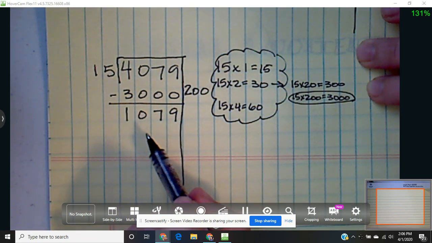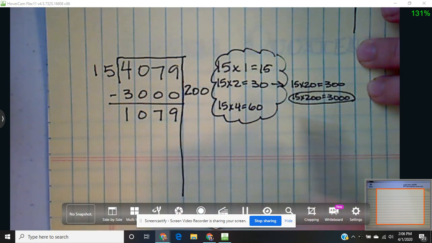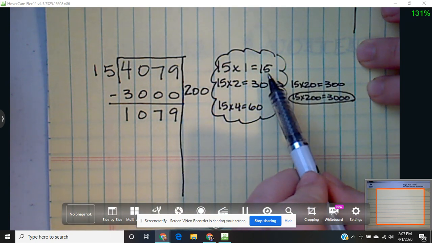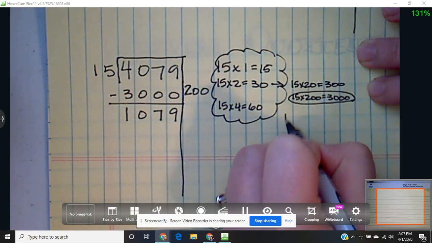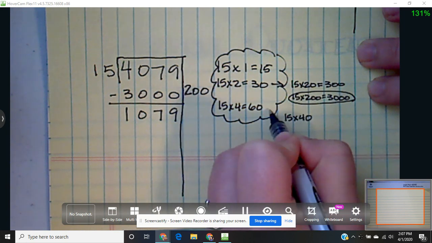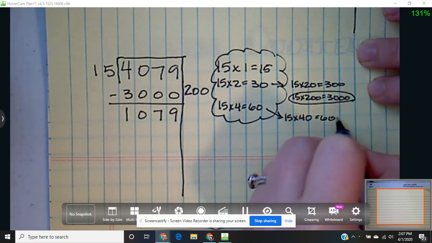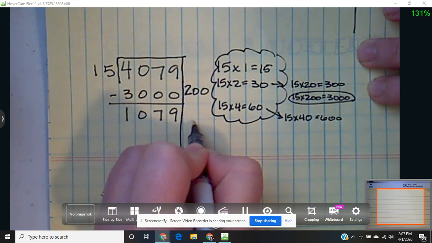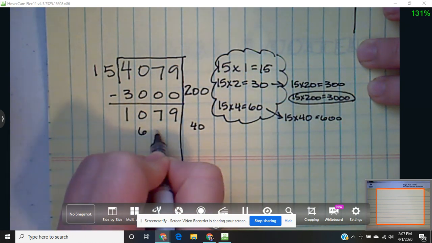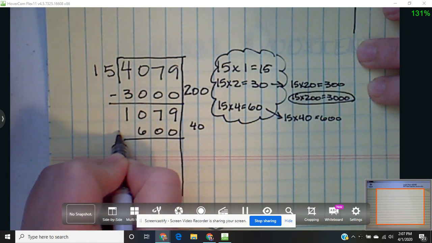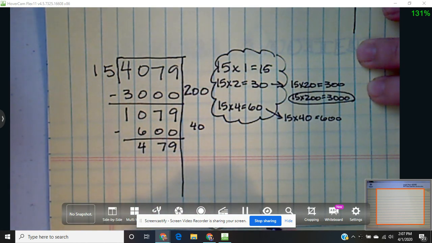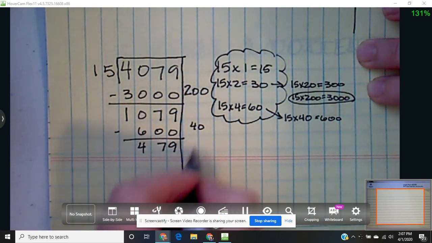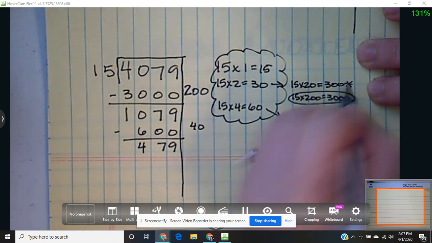Then I know that would be 150 and then 1,500, and that's too much. So I'm going to find a related fact that 15 times 40 is 600. So I'm going to take a group of 40. Okay, and then a group of 20.